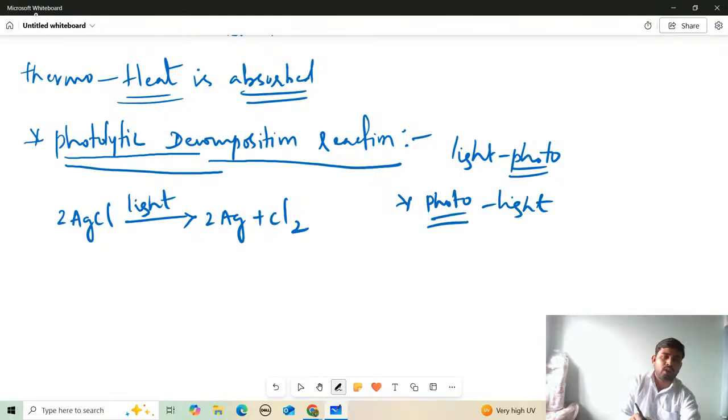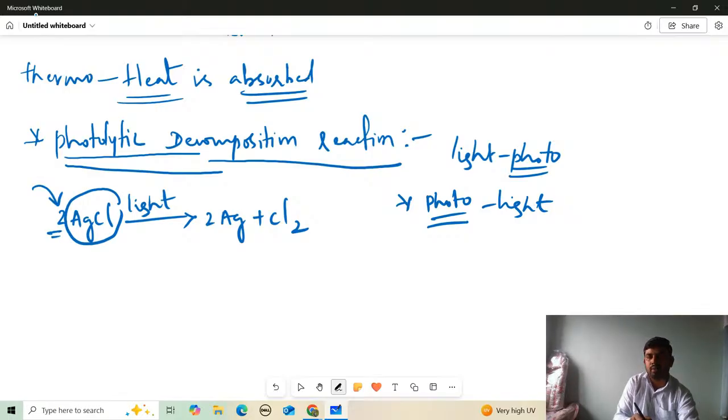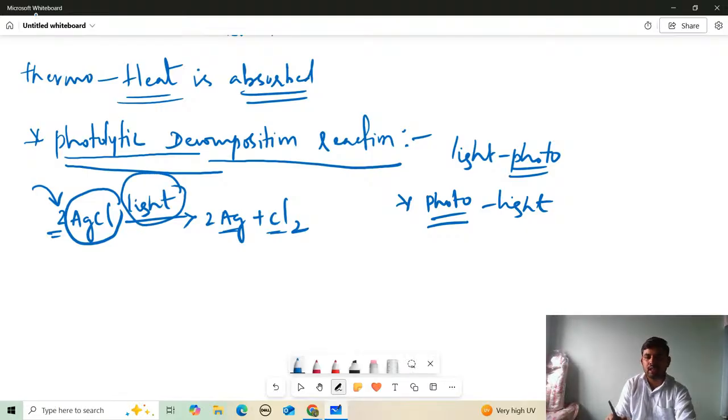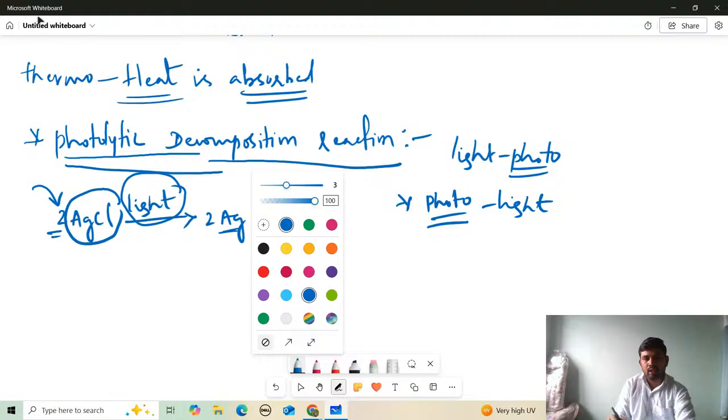How many reactants are there? One reactant. Don't think there are two reactants; the 2 is for balancing. AgCl gives Ag and Cl2 gas in the presence of light energy. Again absorption of energy takes place, so it is endothermic in nature, and it is a decomposition reaction.